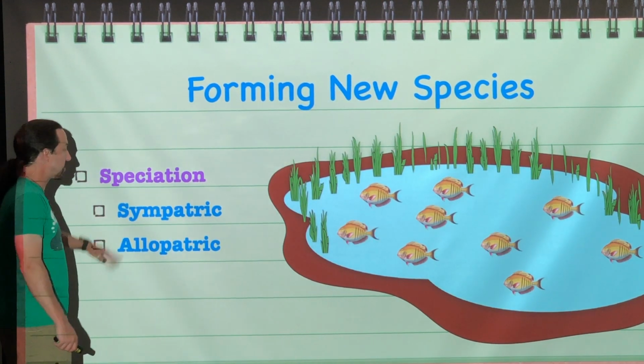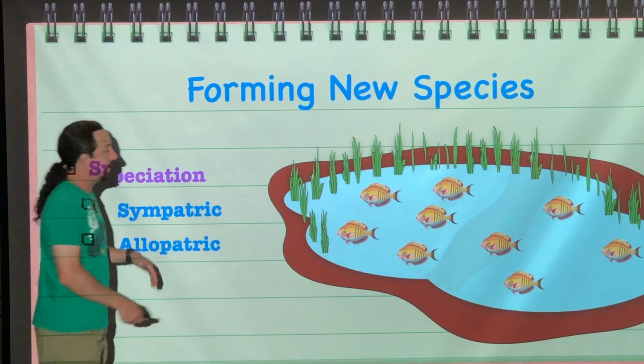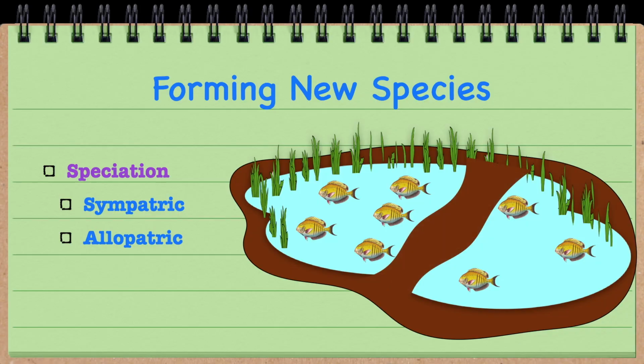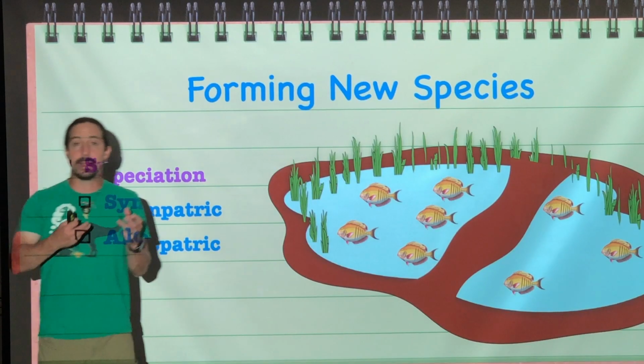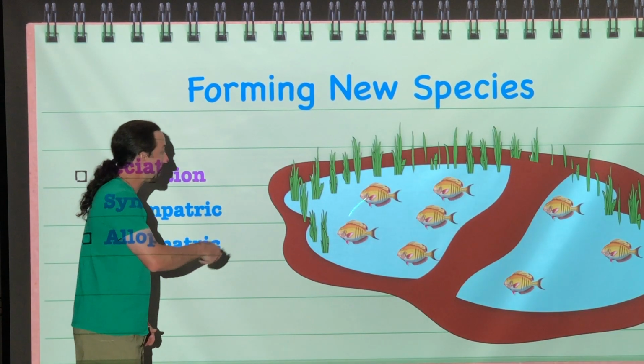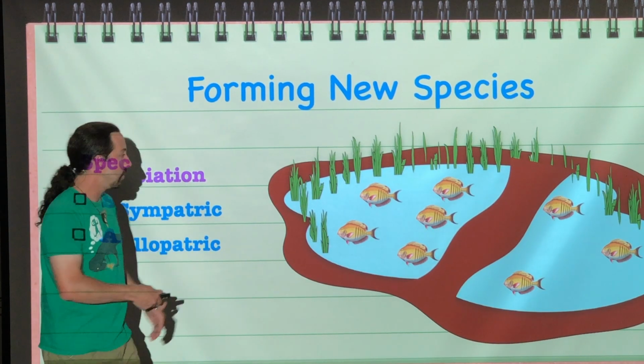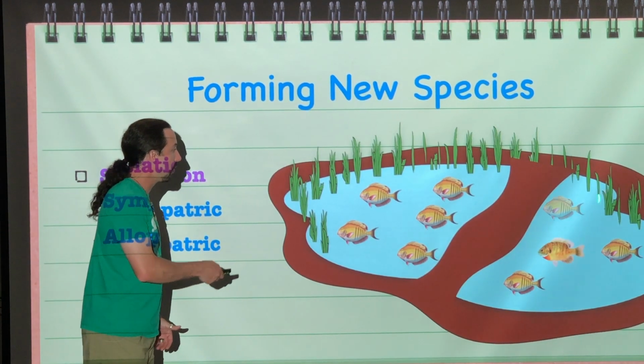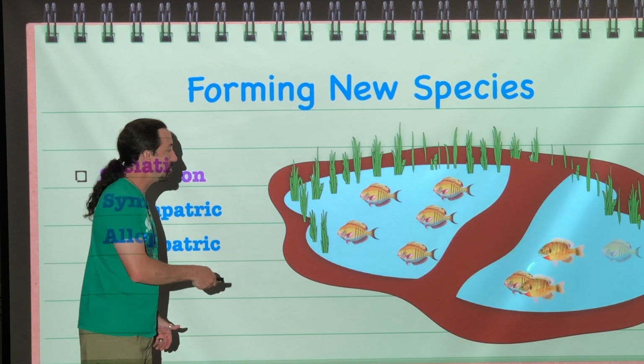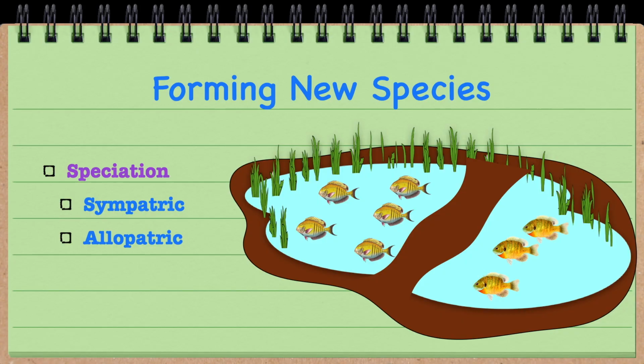In allopatric speciation, what occurs is that there is a geographical barrier that forms at some point in time. And now these two populations evolve independently of each other, causing one population to change differently than the other population.